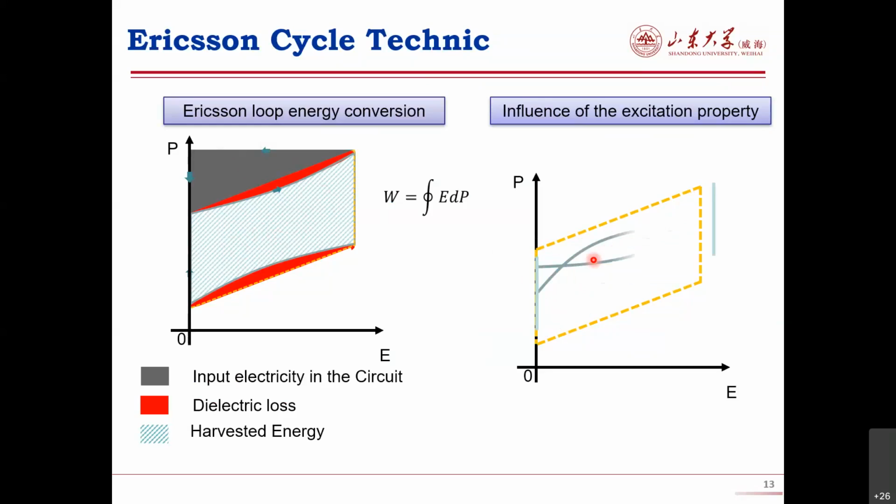But if we use a larger electric field, here you can see the cross area. This cross area means we are losing energy. So once we use the Ericsson cycle technique, we have to carefully couple the electric field with the mechanical stress. If not, sometimes we are losing energy.